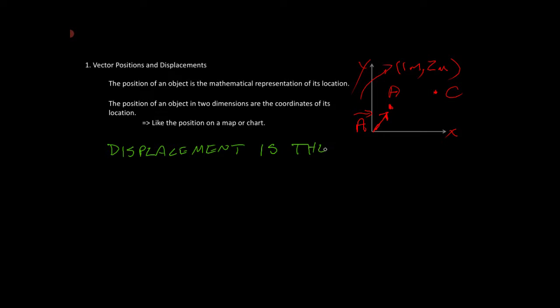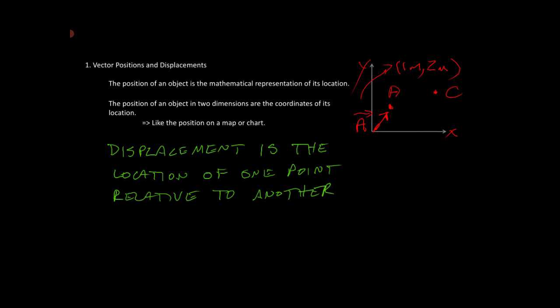It's the location or the position of one point relative to another, and it represents the straight line between them.